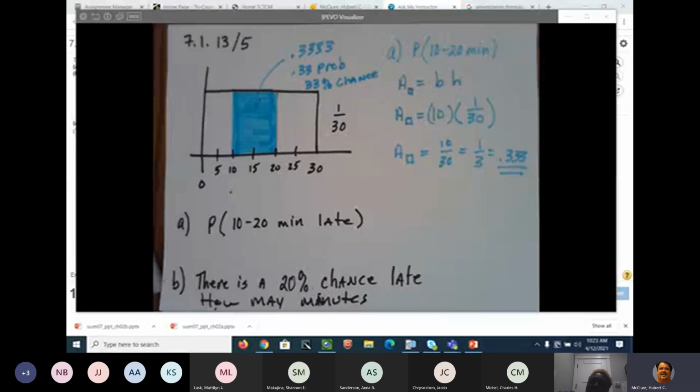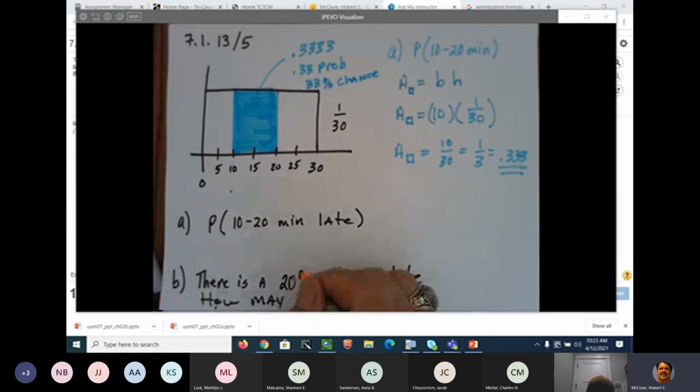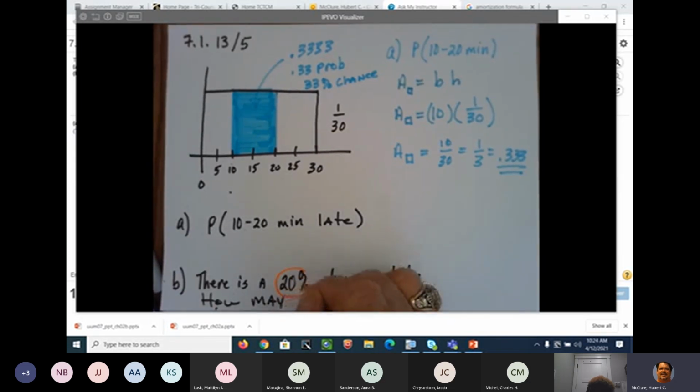Okay, so now we're going to do the second part. We'll do it in orange because we really don't have anything to do on the chart. We're going to change this 20% into 0.2000. That's 4 digits. So what is that? Is that an area or is that a z-score?